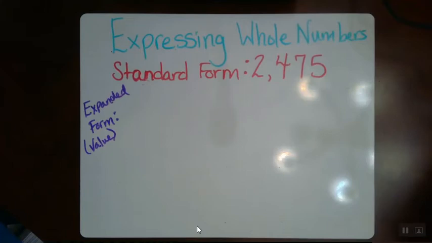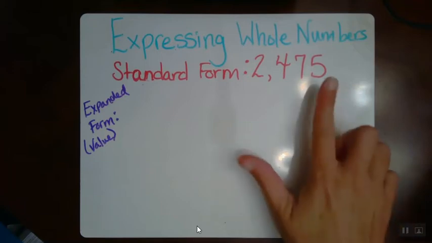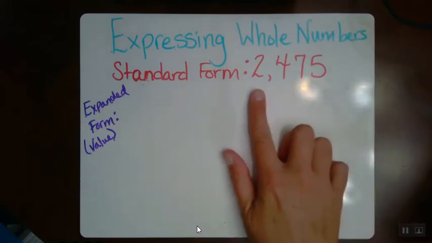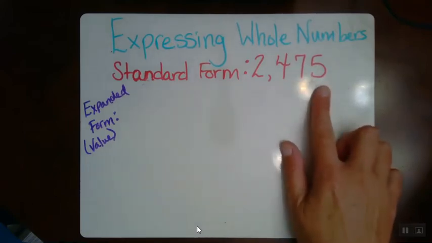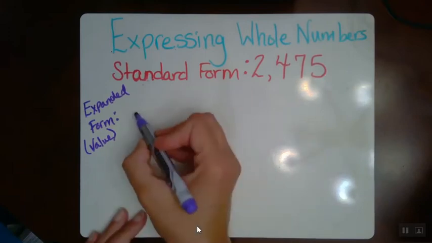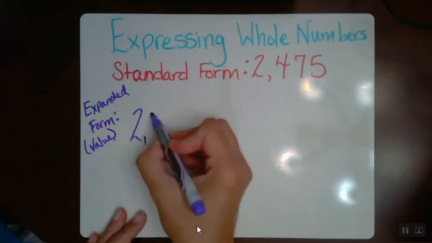Another way that you can express numbers is by using expanded form. Similar to our model, you're going to take the number and break it down into the value of each digit. So for example, I'm going to start with the thousands place. That 2 is worth 2,000.